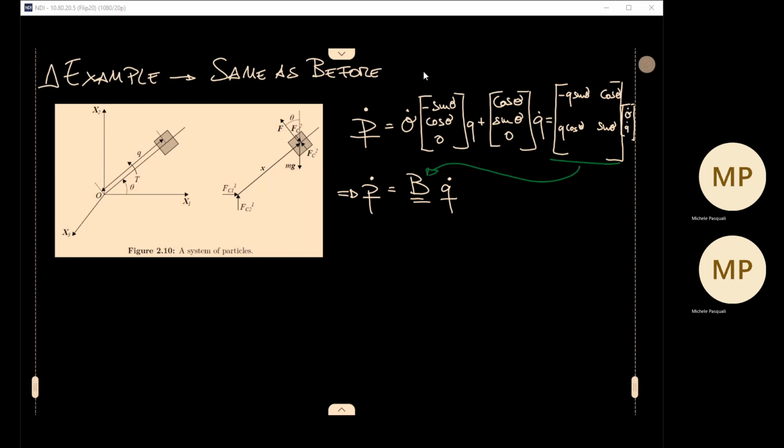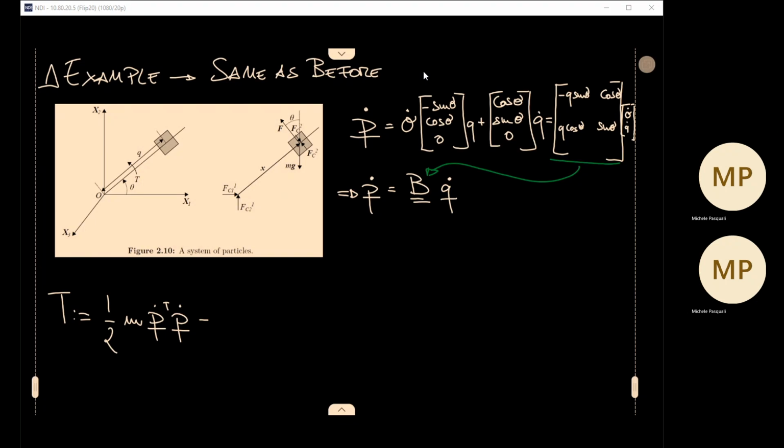Now let's calculate the kinetic energy of the system. The kinetic energy of the system, by definition, is 1/2 m p dot transposed applied over p dot. We only have one particle, so there are no indices here.